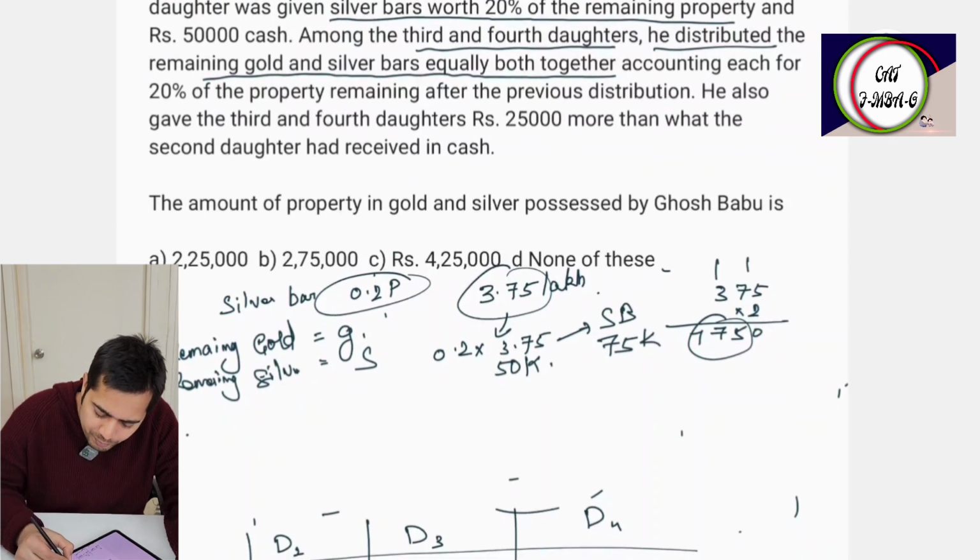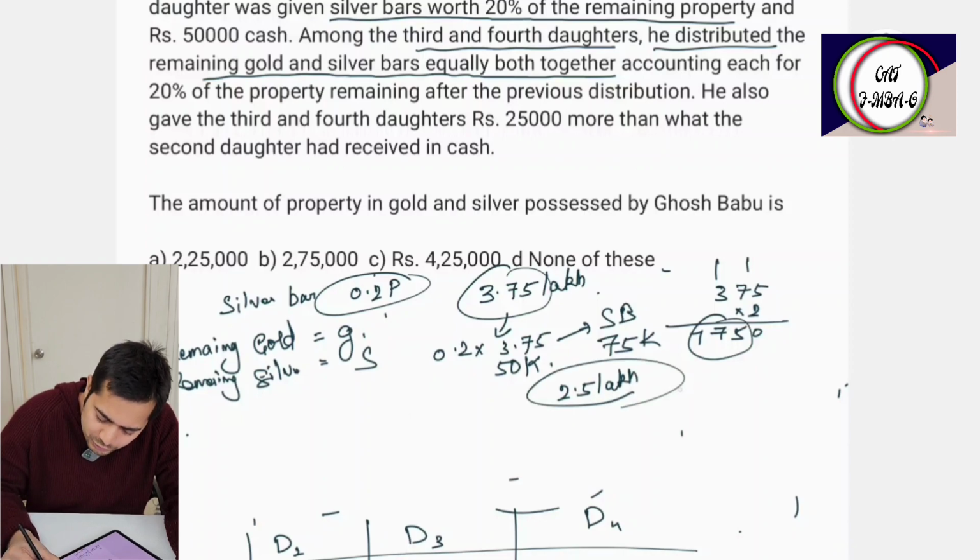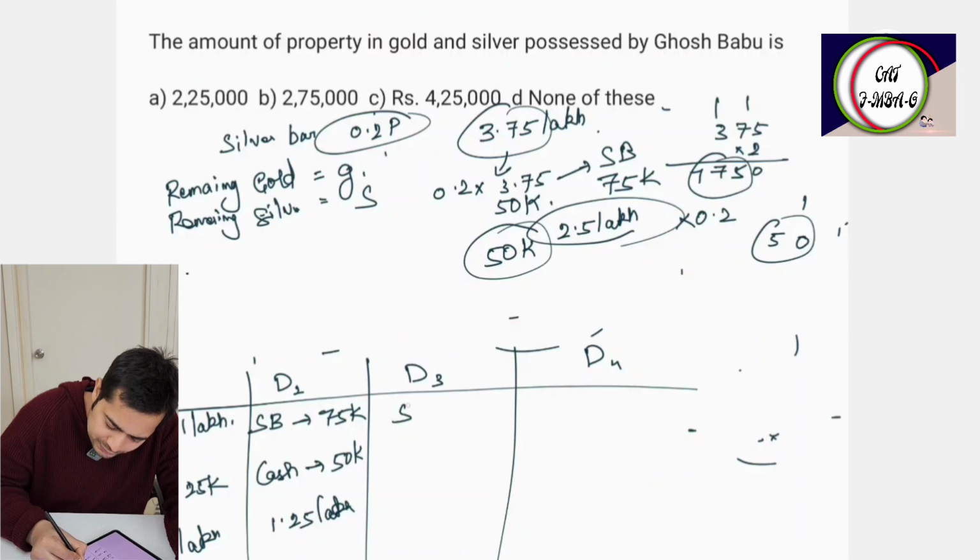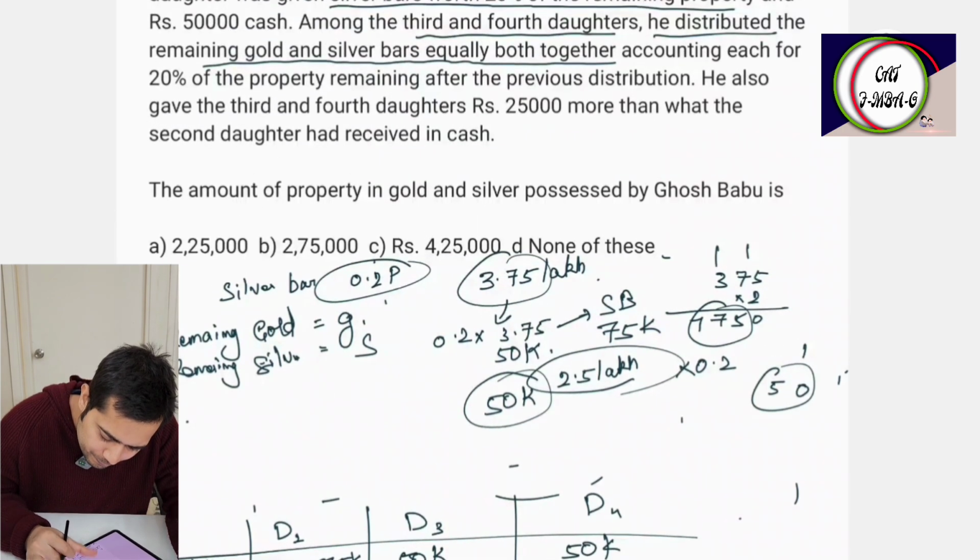Okay, so what is the property remaining? Remaining is 2.5 lakhs, and 20% of it, so into 0.2, is 50k. Daughter 3 gets 50k in gold and silver, daughter 4 gets gold plus silver. Perfect.